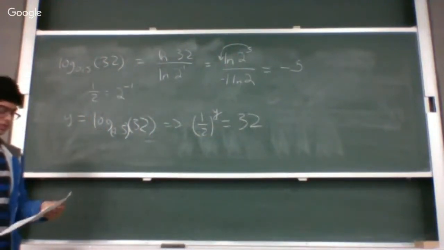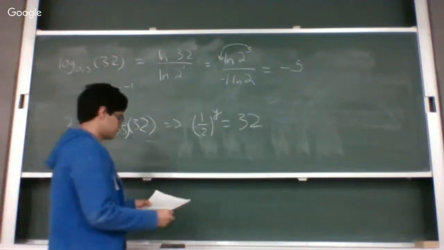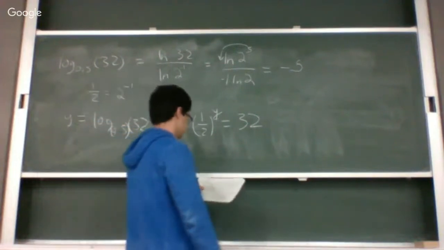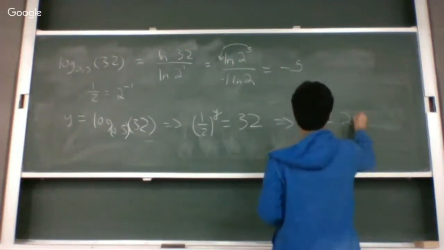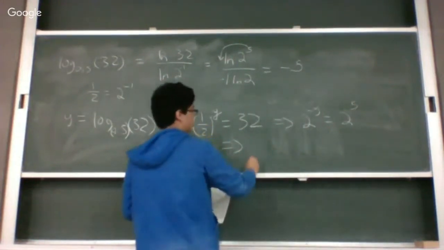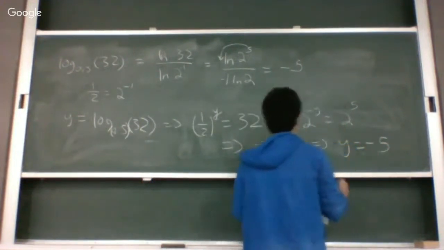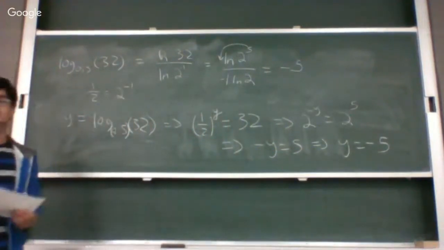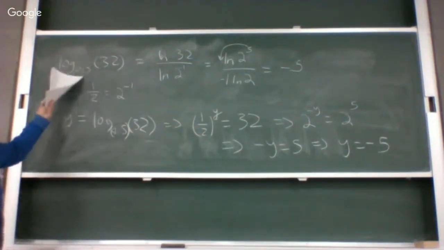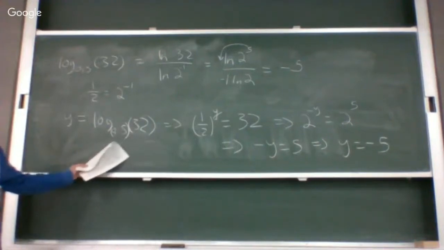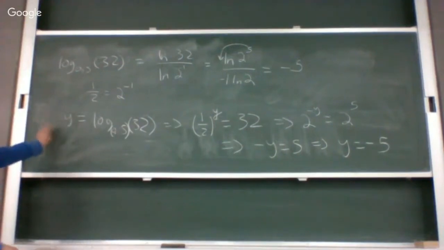This is using that definition of y equal to b to the x. Therefore, we have 2 to the -y equal to 2 to the 5. Using properties of exponents, -y is equal to 5. Therefore, y is equal to -5. Both ways are correct. I would go ahead and just do the top way, but this is also valid. Some of you may like the second one, you can do that.